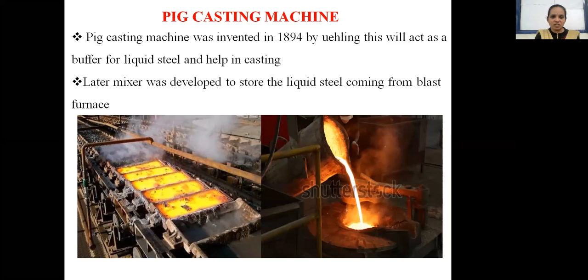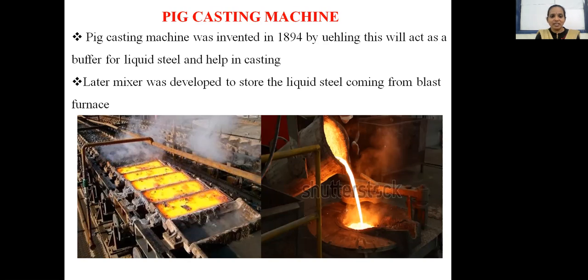Pig casting machine was invented in 1894 by Uehling. This will act as a buffer for liquid steel and helps in casting. So in earlier days, when the casting was done, the molten metal was poured into the sand beds to solidify, and the sand bed had to be prepared for the next casting.